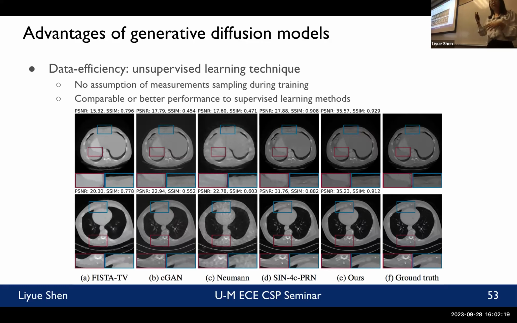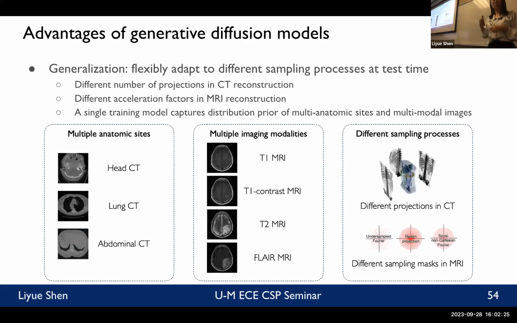We also achieved pretty good results compared to the previous supervised learning baseline that I mentioned before. This is another unique advantage of using the generative diffusion model as the prior, which can flexibly adapt to different sampling processes at testing time using the same pre-trained model.